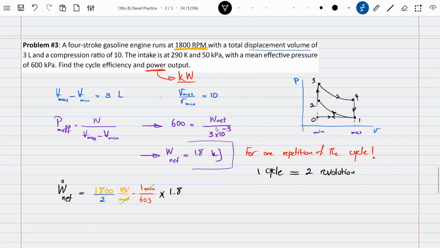Now, when you do this and you plug in the numbers, you get that this 60 makes this 30, right? And the 2 makes this 0.9, and you are looking at 27 kilowatts. So the power output of this engine running at 1800 RPM is 27 kilowatts.